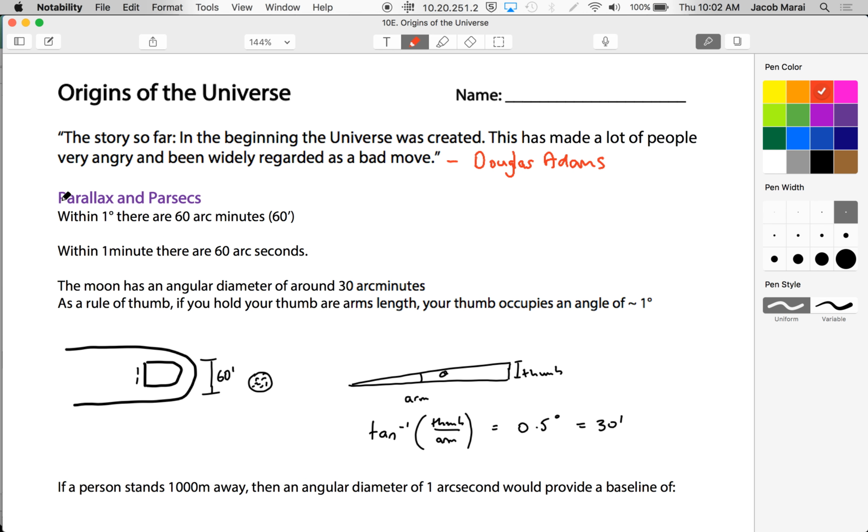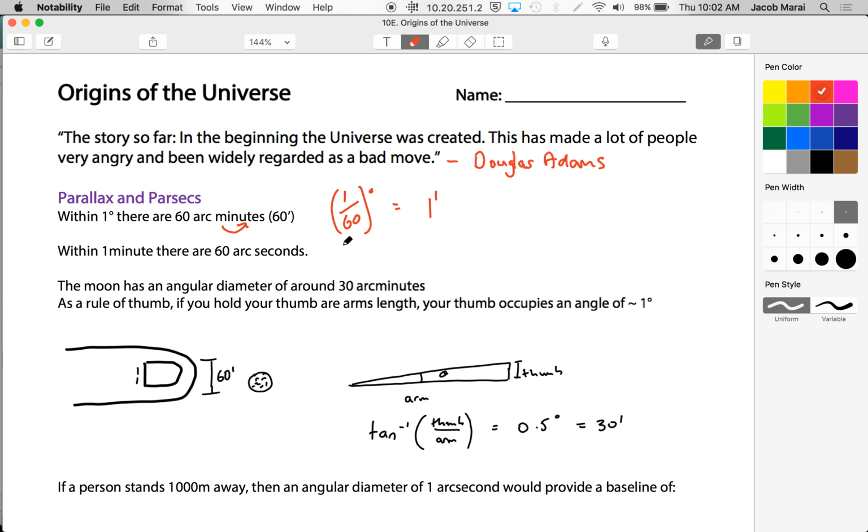But there are objects in the night sky that are a lot smaller than 1 degree. So we need to split our degree into 60 and we get an arc minute. So if we said 1/60th of a degree, that's called 1 arc minute. Okay?